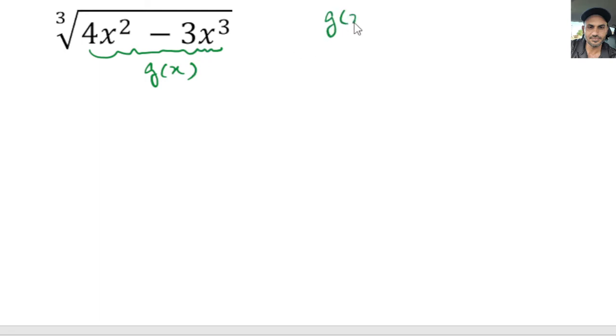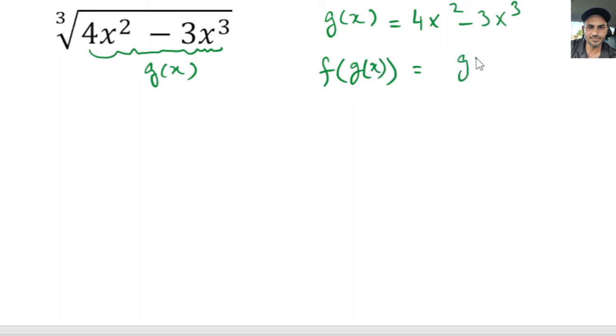So g of x, or the input function, is 4x squared minus 3x cubed, and our main function is basically taking the cube root of our input function, where our input function is going to serve as the input of the main function. So it's basically g of x, our input function, raised to 1/3 power.